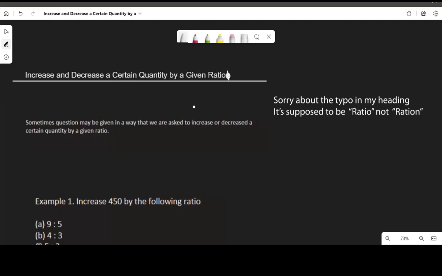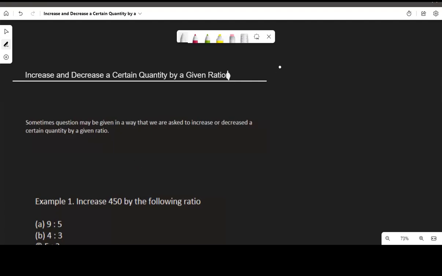In this lesson, we're going to learn how to increase and decrease a certain quantity by a given ratio. Sometimes questions may be given in a way that we are asked to increase or decrease a certain quantity by a given ratio.